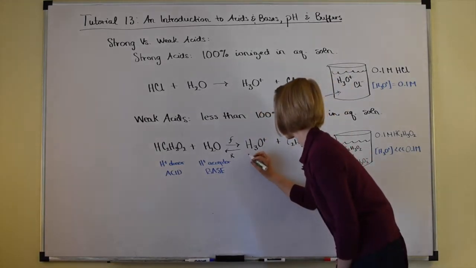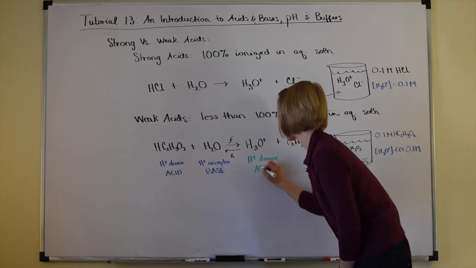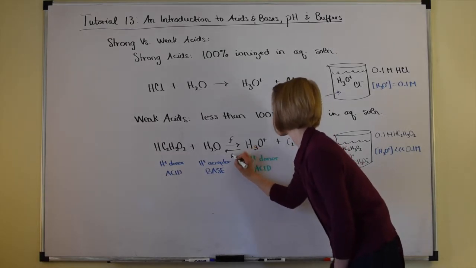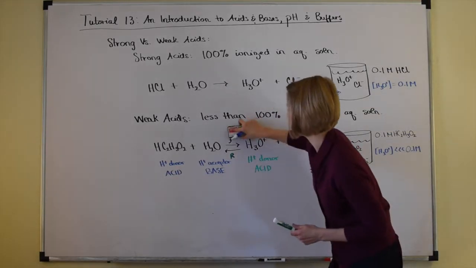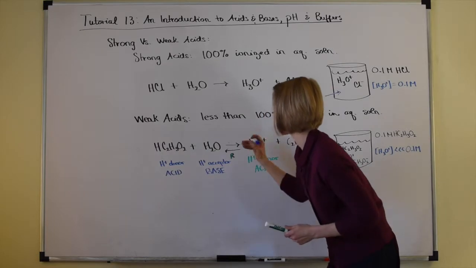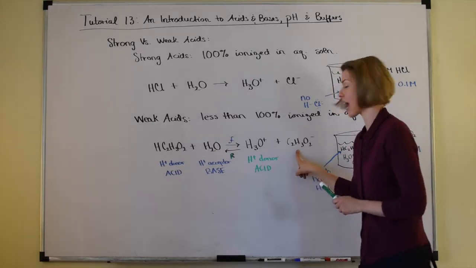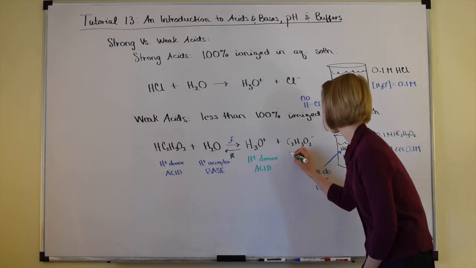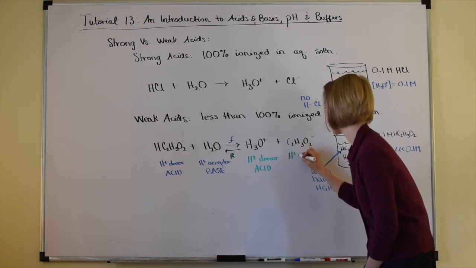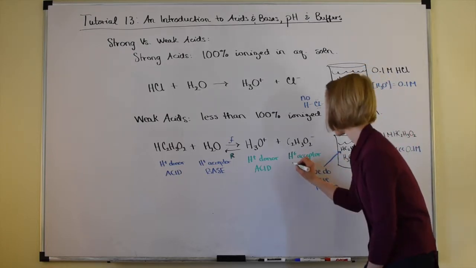Okay, so this is our H plus donor, which makes this our acid in the reverse reaction. So I'll put this in green and I'll put the F in blue to kind of keep that straight. Okay. And the acetate anion is accepting a proton in the reverse reaction, and therefore it is the H plus acceptor, which is a definition of the Bronsted-Lowry base.